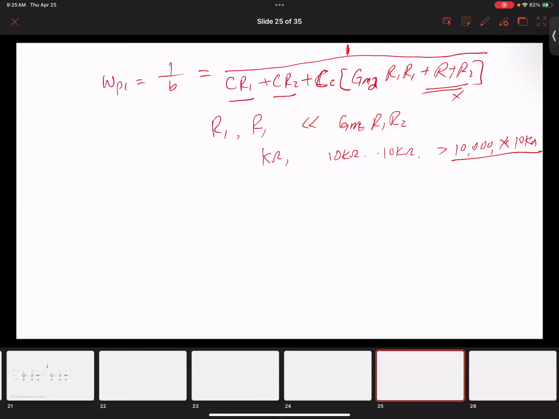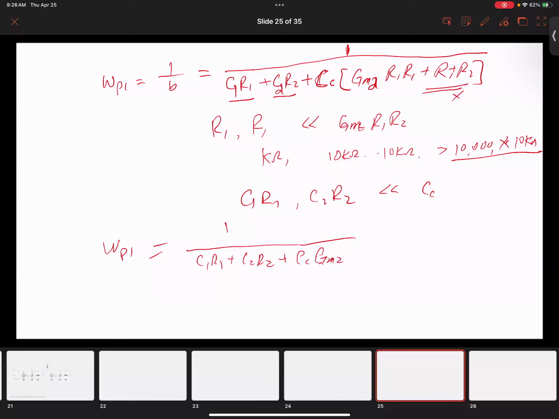So these two terms, which means C1 R1 and C2 R2, are also much smaller than CC. So what you write is omega P1 equal to 1 over C1 R1 plus C2 R2 plus CC GM2 times R1 times R2, because that R1 and R2, we basically neglect this one because it's too small.